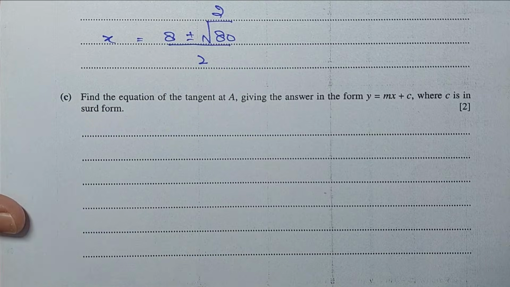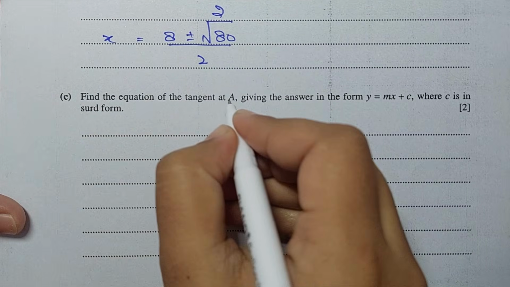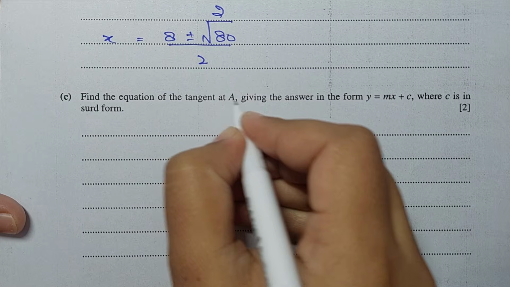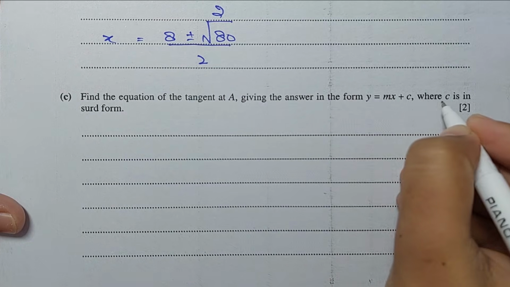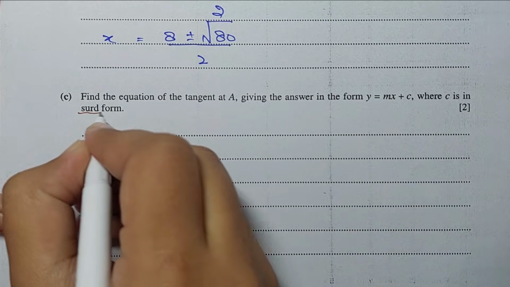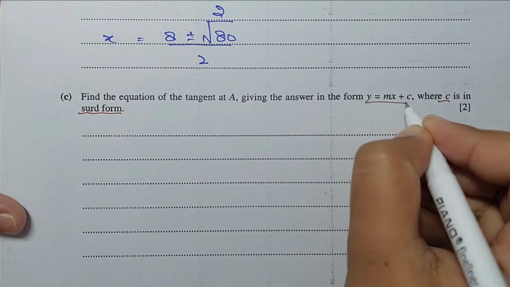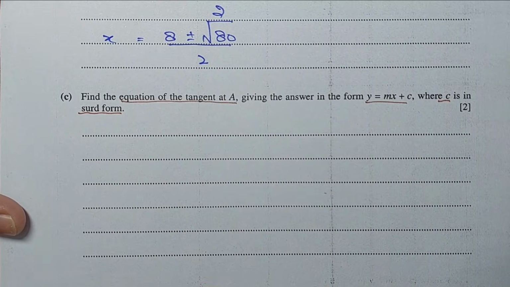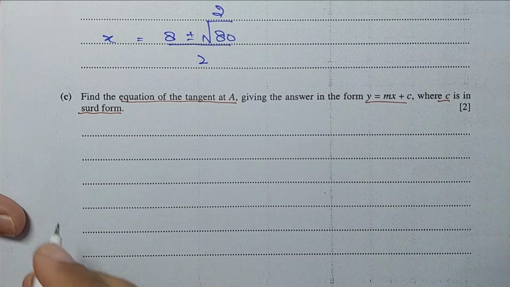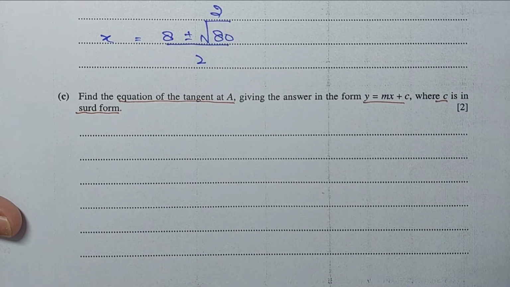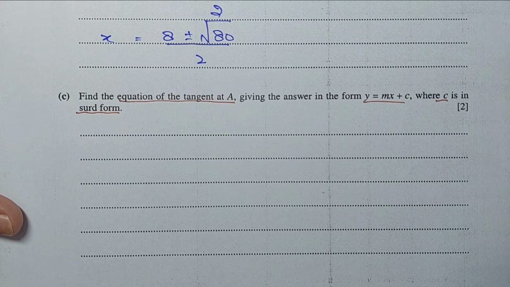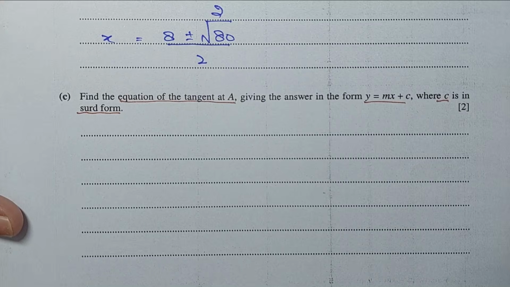Right. Now for part C, find the equation of the tangent at A, giving your answer in the form y equals mx plus c, where c is in surd form. Now we have the coordinates of A, right? So for the equation of the tangent at point A, we need the coordinates and we need the gradient.